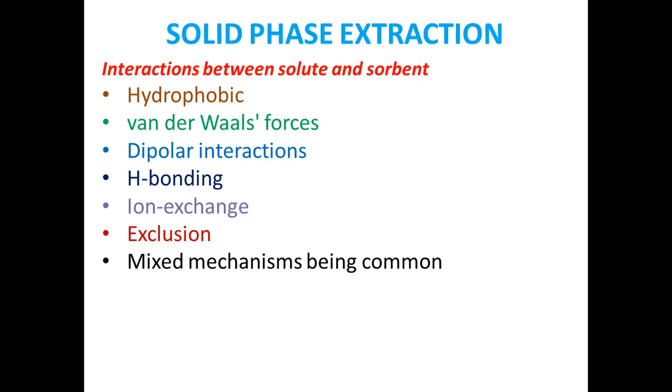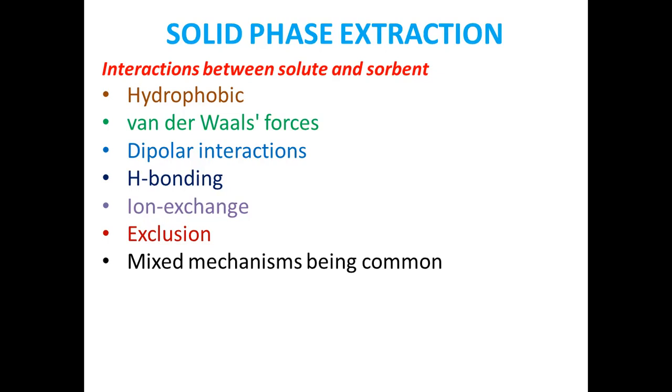The pore size of the solid phase sorbent is very, very small compared to the diameter of the bigger solutes. And meanwhile, the pore size is very large compared to the diameter of the smaller solutes. What will happen here?